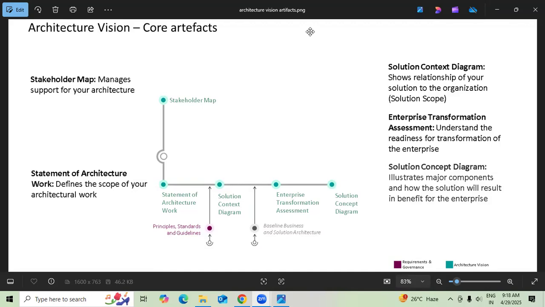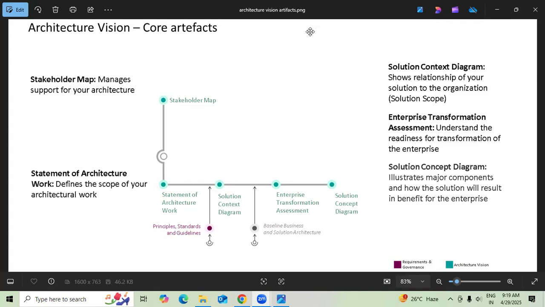So what are the core artifacts to be considered? Either from the solution context level, or from the enterprise transformation assessment, or from the solution concept diagram point of view, which majorly shows the kind of relationships of the organization in reaching the solution, by understanding, identifying and defining the solution scope.